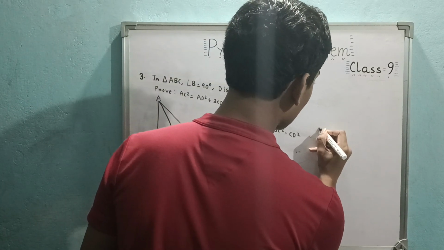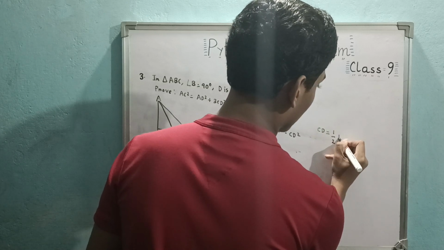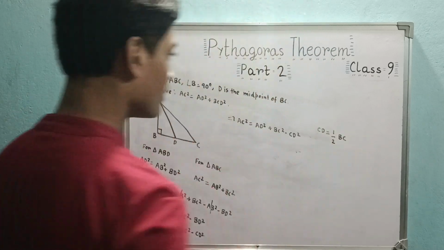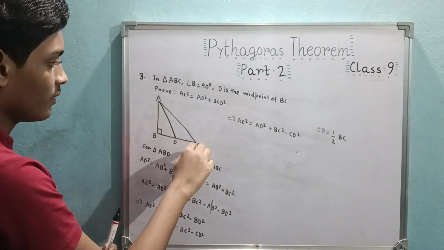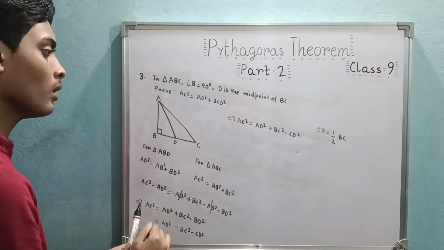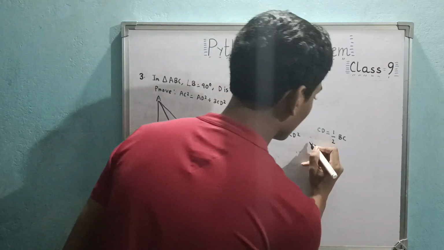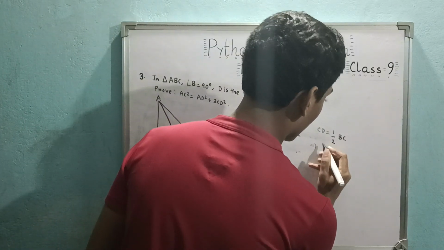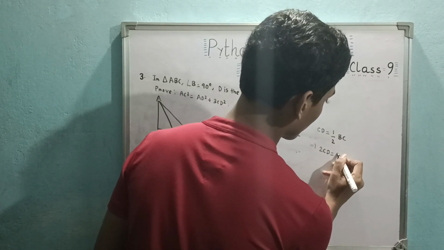Yes, CD equal to what? 1 by 2 BC. That's also another thing. Why? See, BC's half is either BD or CD. Then CD here will be equal to half of BC. Then this becomes 2CD equal to BC.